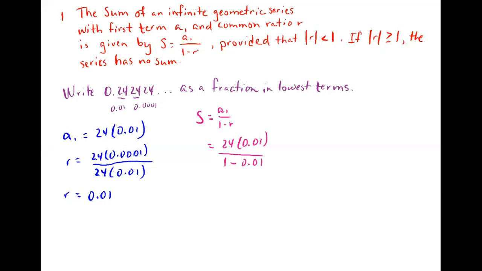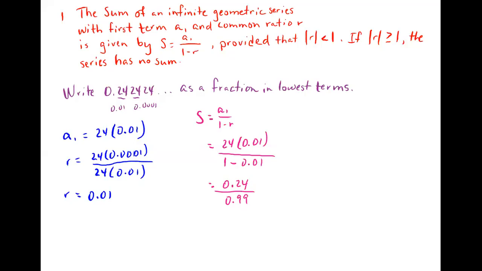I am going to simplify this equation now. I have 24 hundredths, that's the product of 24 and 0.01, divided by 1 minus one hundredth, which is 99 hundredths. I can get rid of those decimals by multiplying the numerator and the denominator by 100.